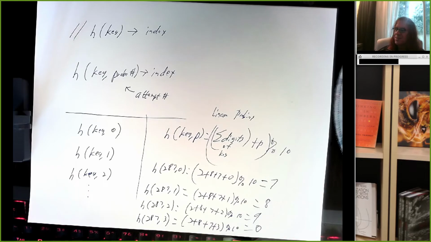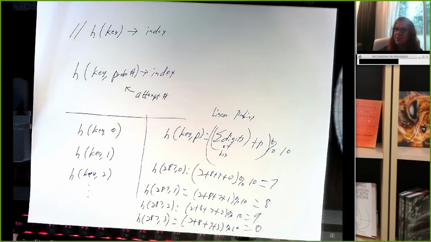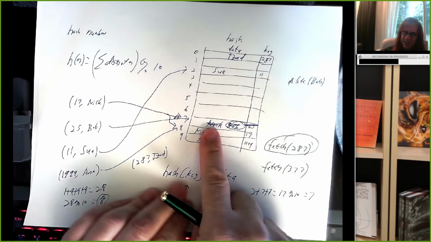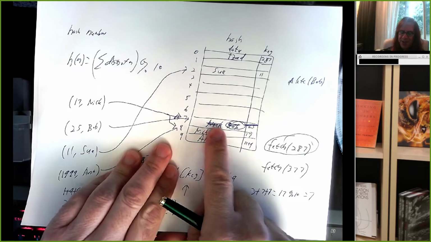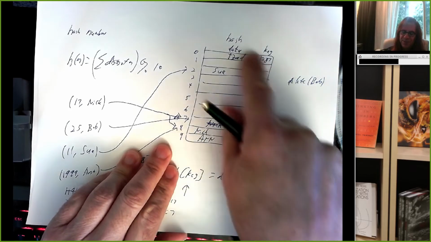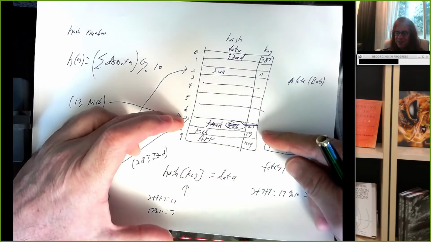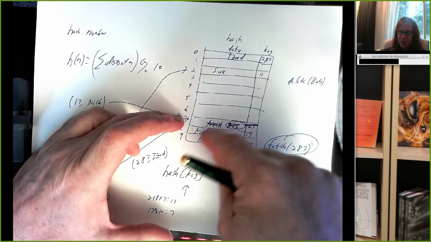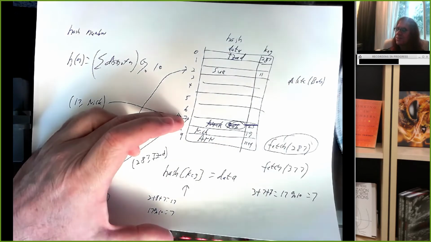And sometimes that's a good function, but if you have a lot of things that are going to hash to the same location on your first attempt, then every one of those things is going to try to go to, say, spot 7, and when you rehash, it's going to try to find the next available spot. Well, if you have a lot of things that are going to collide with this location, linear probing is going to tend to group all of those things really close to each other in your array.